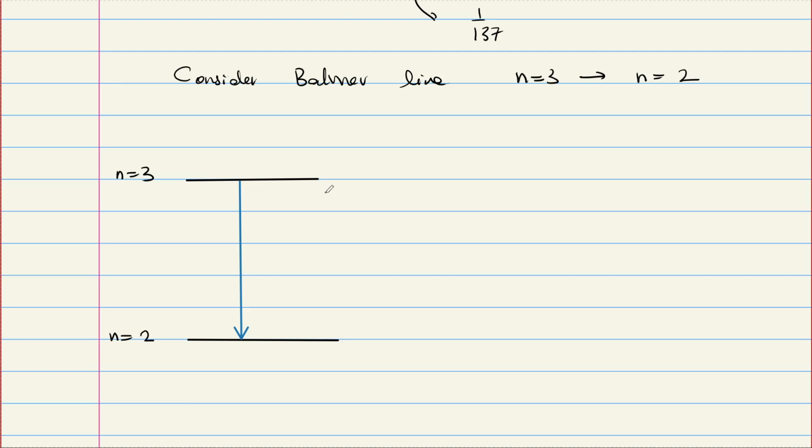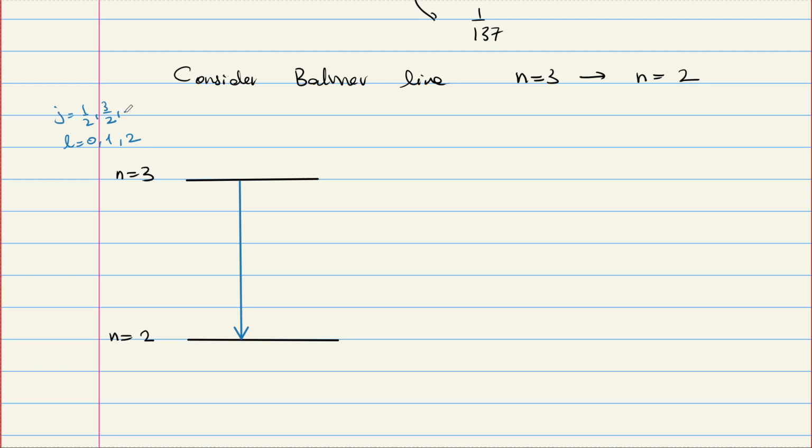And you are supposed to see one single line. But as soon as you take this spin orbit coupling into account, for n equal to 3, what can we have? L can be 0, 1, 2, right? It goes all the way to n minus 1. And S is 1/2, therefore J can be 1/2, 0 plus 1/2 is 1/2. 1 and 1/2 can have 1/2 or 3/2.